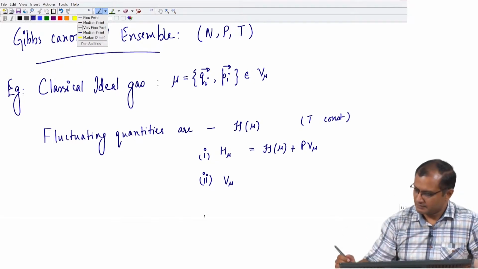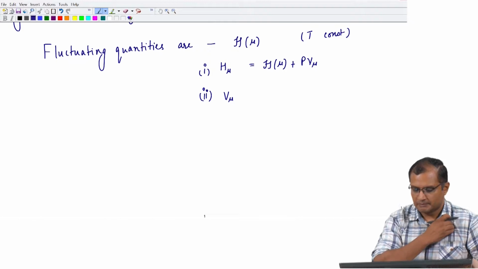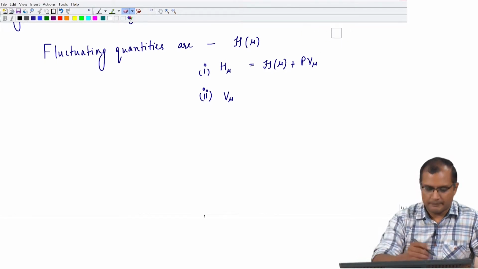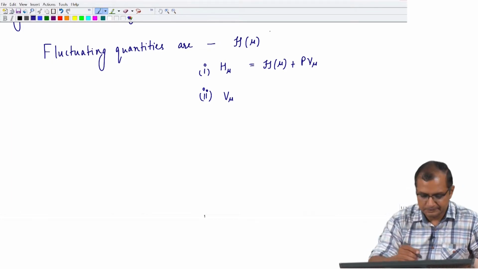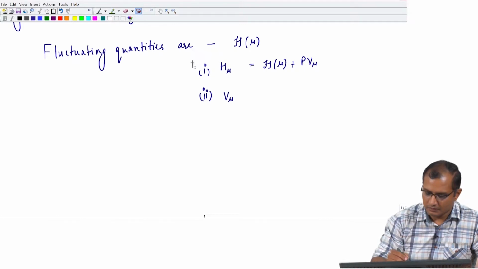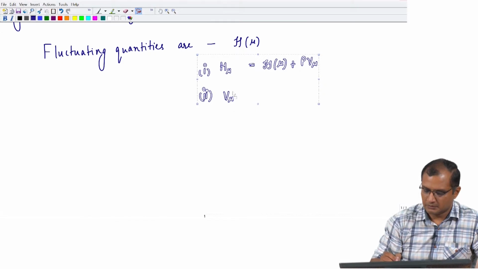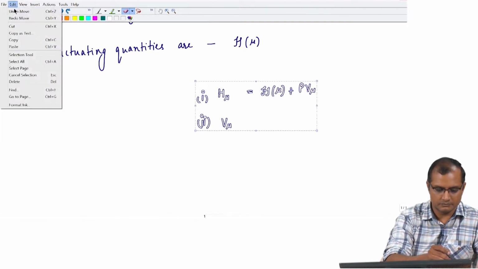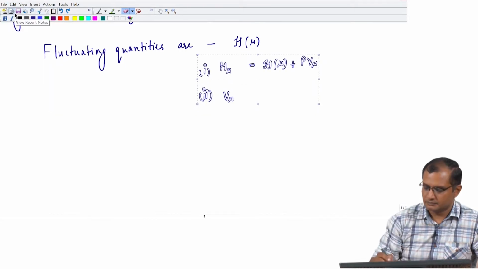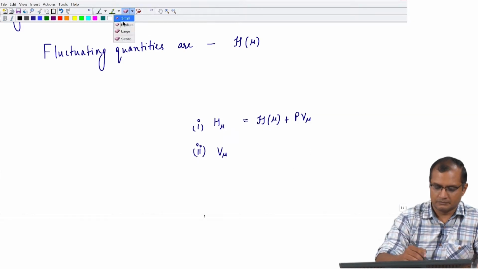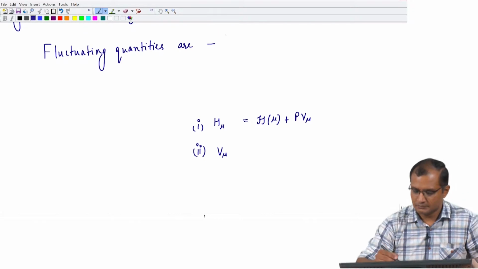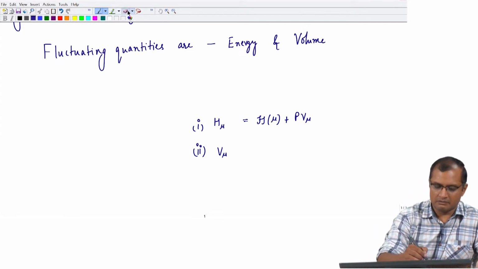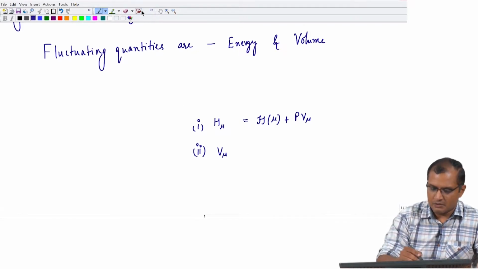So, you can write down that the fluctuating quantities are energy and volume, and we have written down the relevant thermodynamic variables whose averages that we have calculated.